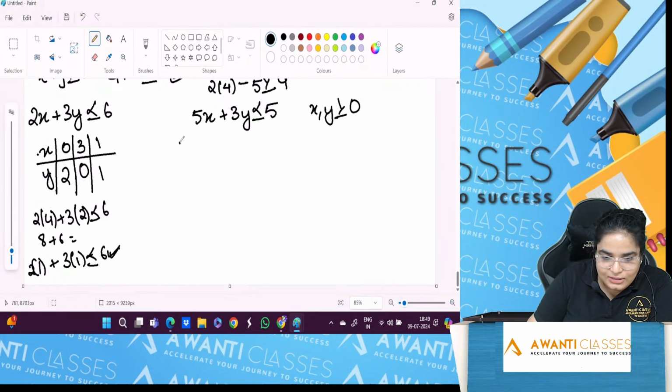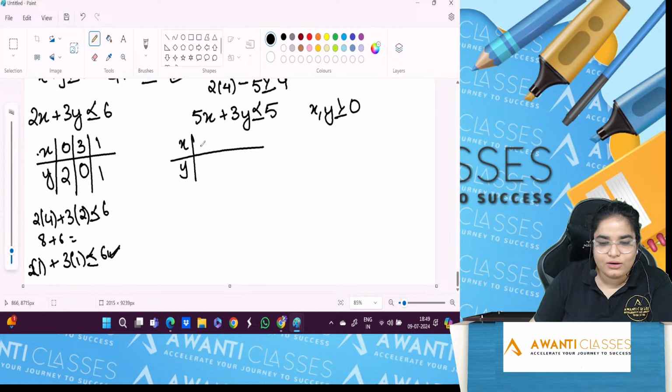Now let's take this one. Okay, it should be less than or equal to 5. So if x is 0, y can be what? y can be 1. Yes. Can y be 2? No. Why? Then it will become 6.